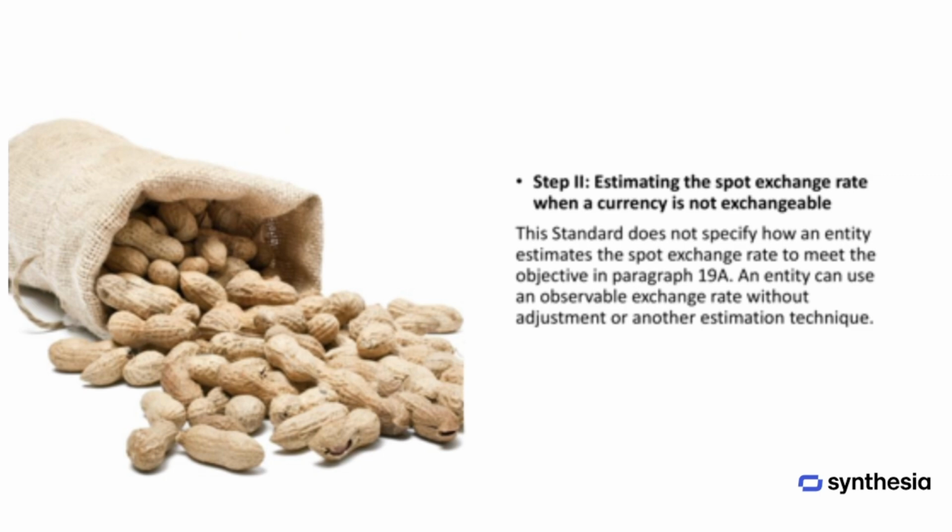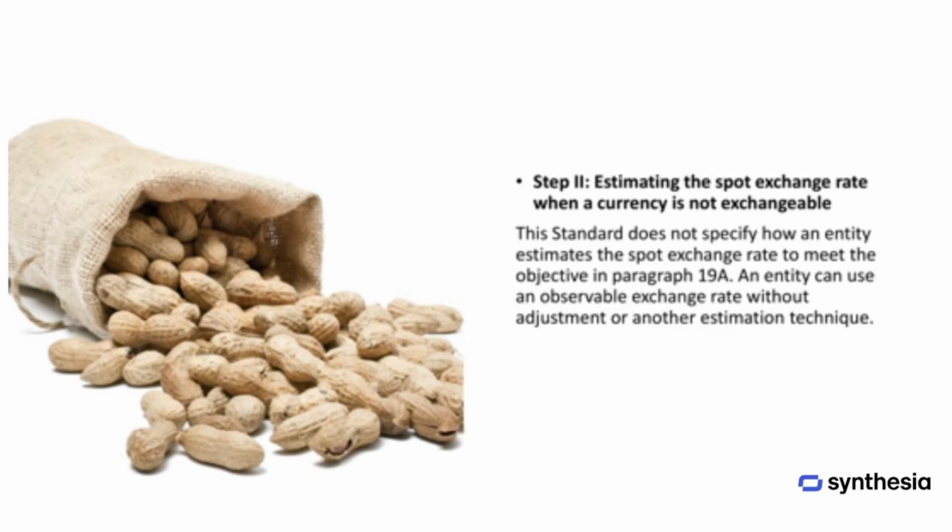Step 2. Estimating the spot exchange rate when a currency is not exchangeable. When a currency is not exchangeable, the standard does not prescribe a fixed method for estimating the spot exchange rate. Instead, it gives entities the flexibility to use the approach that best meets the objective outlined in paragraph 19a. There are two main options available. The entity may use an observable exchange rate without adjustment.